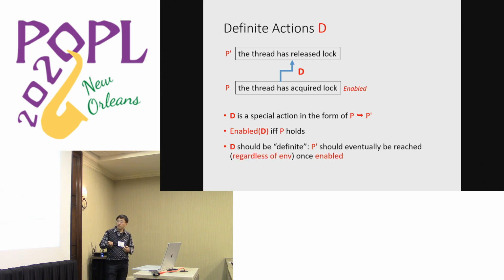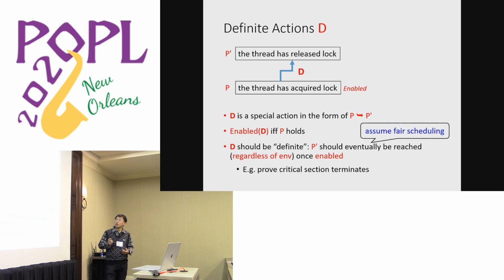And in this case, it's definite because when it acquires the lock, then suppose the critical region is always terminating, then P prime will always be true eventually. Okay. And again here, this is a place where we have to require fair scheduling.